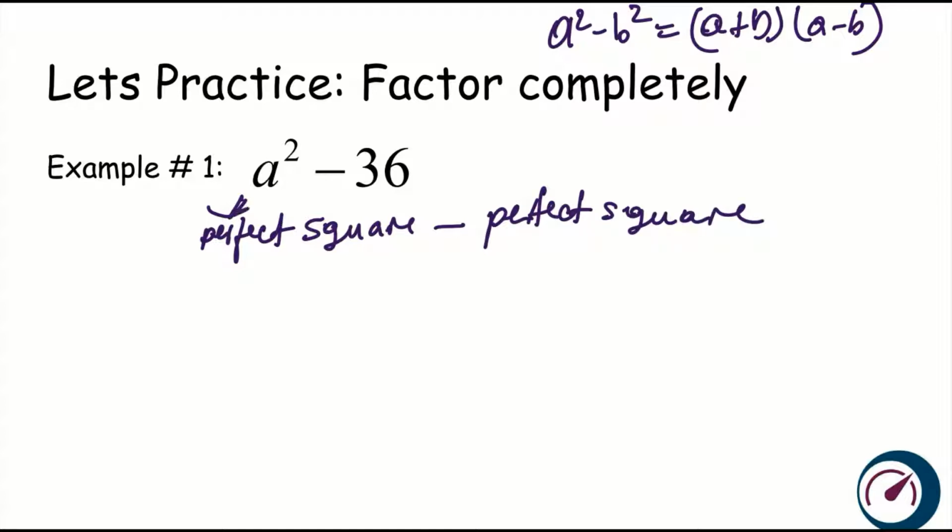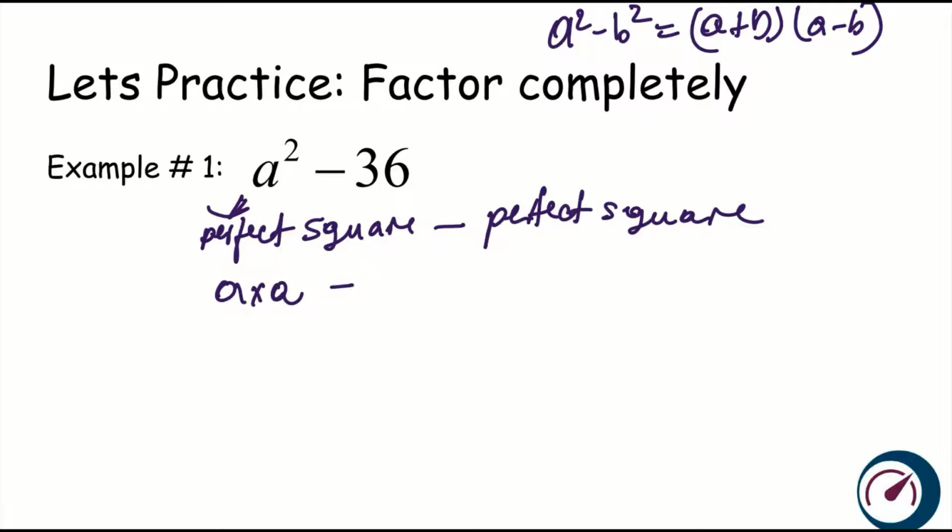Now, in order to identify a perfect square, we want to know what term, when multiplied by itself, gives us a square. And that would be a times a gives us a square.